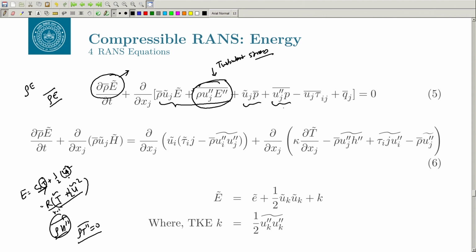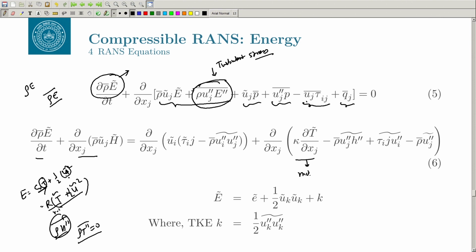This is the pressure work, and this is the pressure work due to the fluctuations, and then you will have this stress work, that's tau ij into uj, and finally you have the quantity which is uj, right. And this is again written in the detailed format. I will not go into a detailed discussion, but there are some things that you need to see.